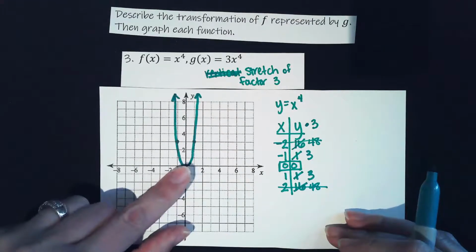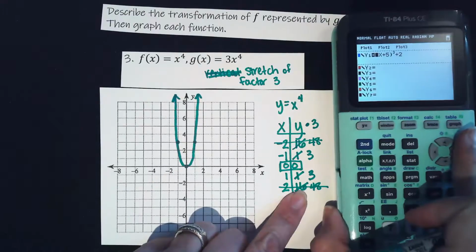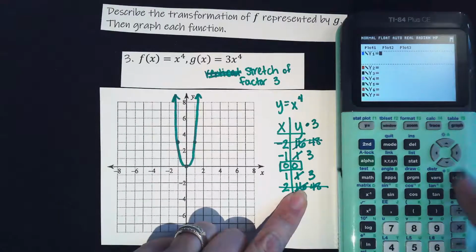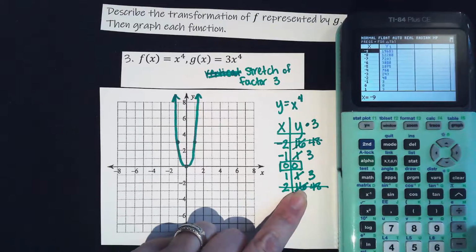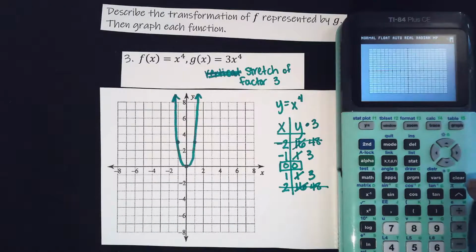If you preferred, you could have used the graphing calculator and typed in your equation and gotten your table. In this case, because there was no shift left and right, my table actually matches the points I got, and you can always graph it to double check that it looks correct.